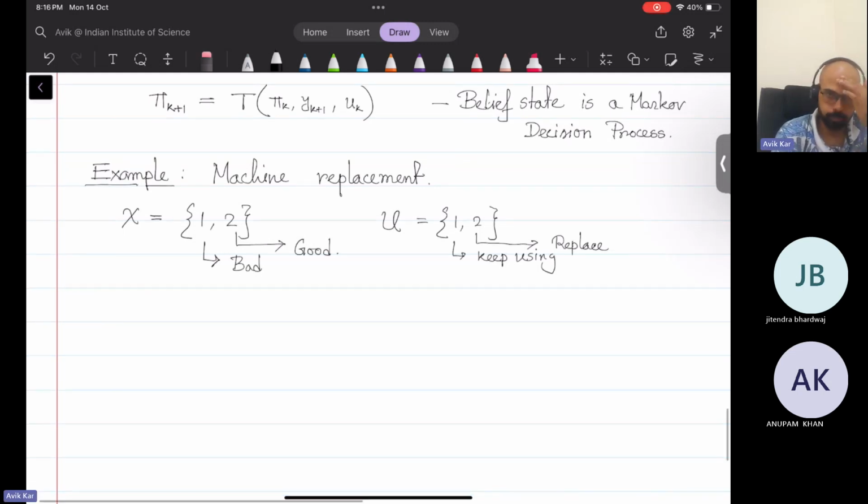Now there is transition probability P1, that is, if you have taken keep using.